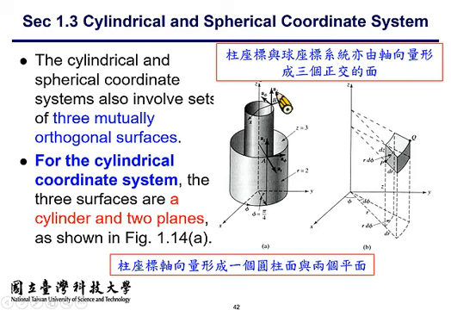Also note that a very distinctive difference between the cylindrical coordinate system and the spherical coordinate system is that r is defined differently.